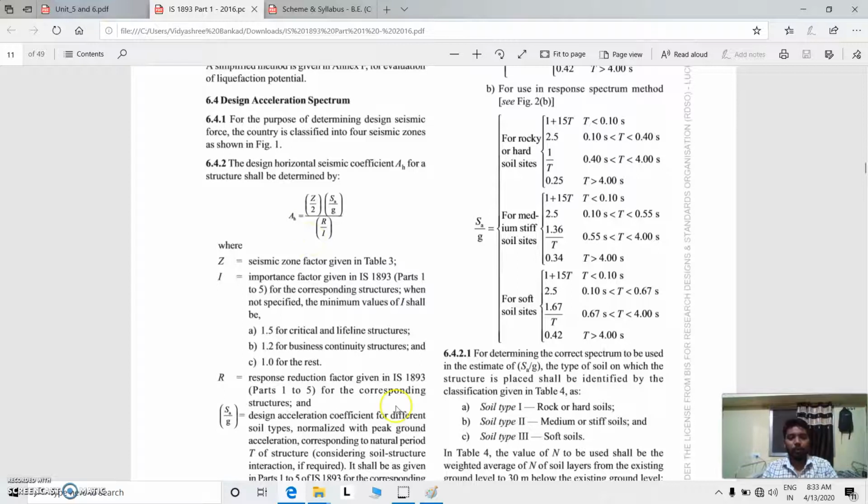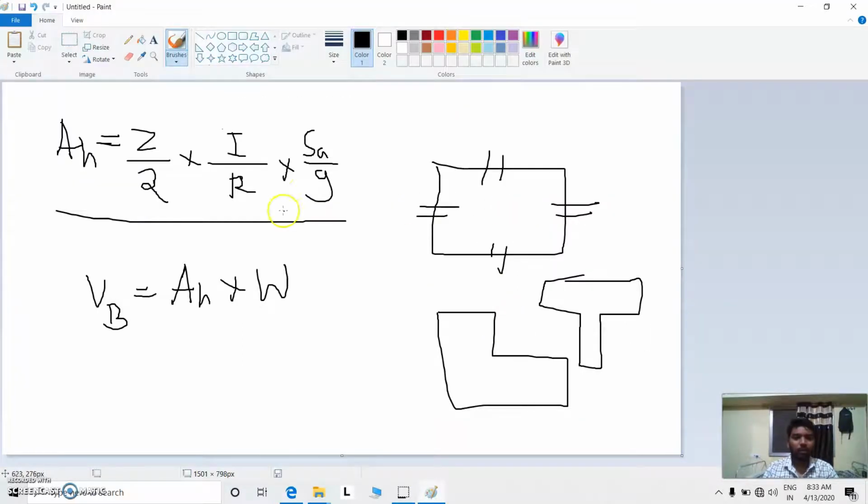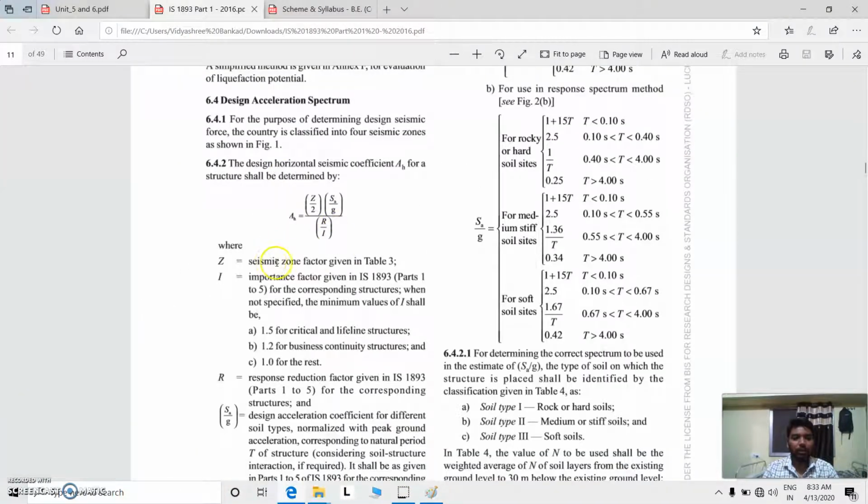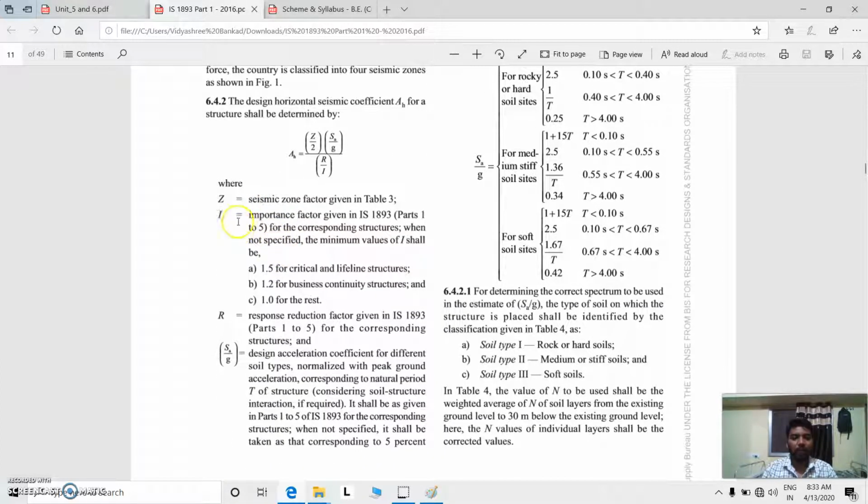Right, here we know that AH equal to Z by 2 into I by R into SA by g. In the code, Z is nothing but the seismic zone factor. We have already known that the seismic zones in our country are divided into 4 zones: zone number 2, zone number 3, zone number 4, and zone number 5. Right here, and again I.